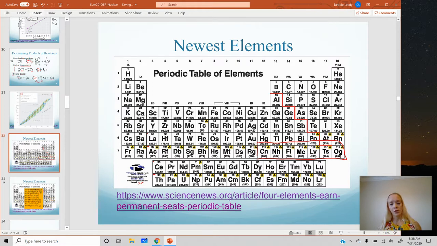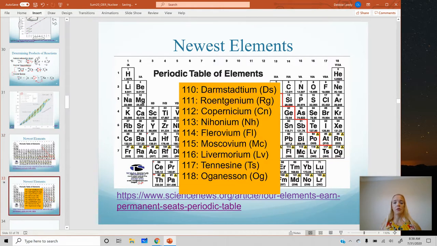So it took a while for a committee to come together to decide what those names would be. And of course, looking at those symbols, it's hard to tell what they are. And so here's a little extra slide for you that shows the names of elements 110 through 118, the name of each and then the atomic symbol.